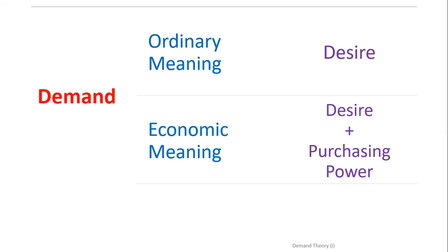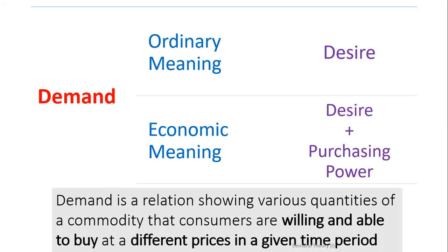Economics thinks that the demand will be when both of the conditions are met. That is, I must have the desire to acquire that commodity and I must have the financial resources to buy that commodity. Therefore, in economics, demand refers to various quantities of a commodity that a person is willing and able to buy at different prices within a given period of time.